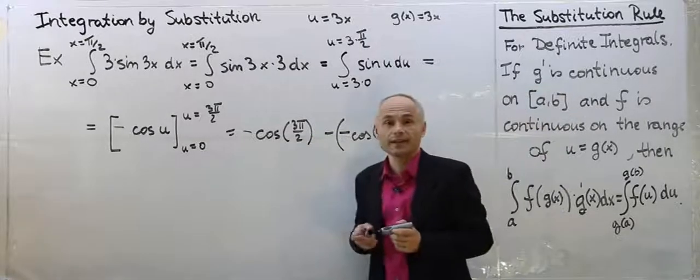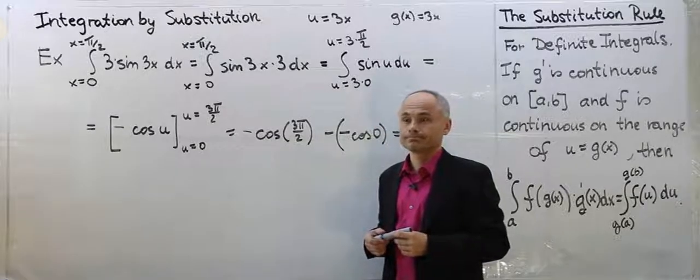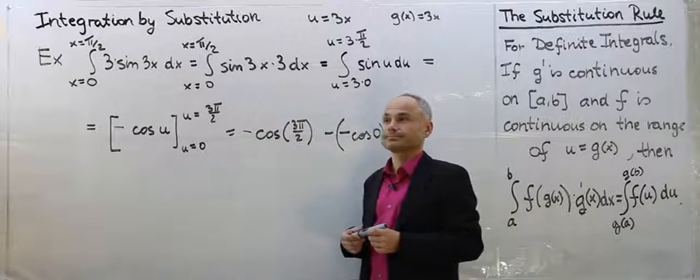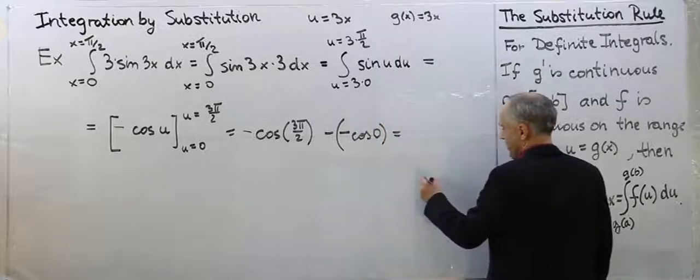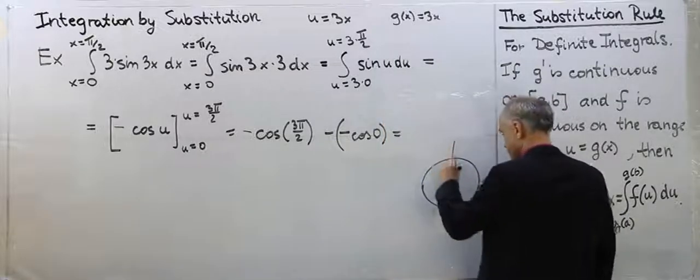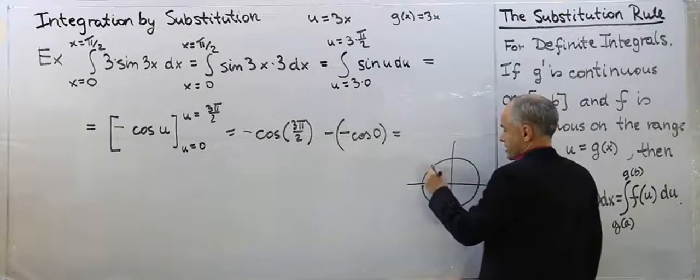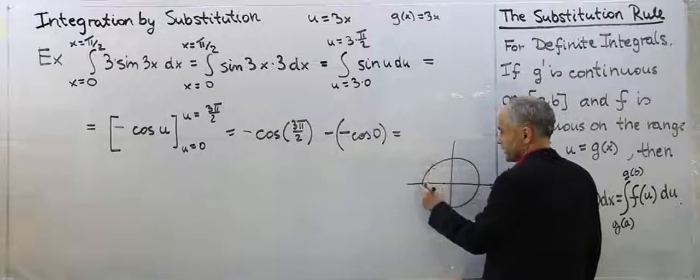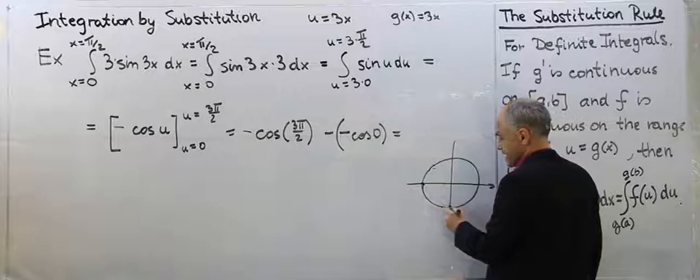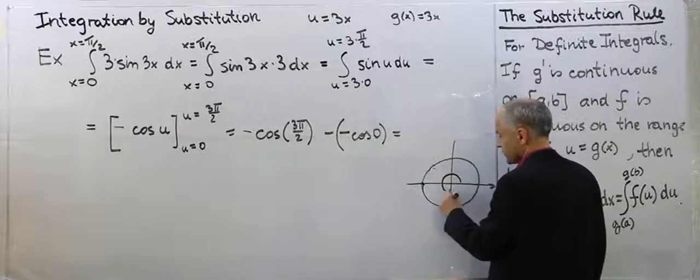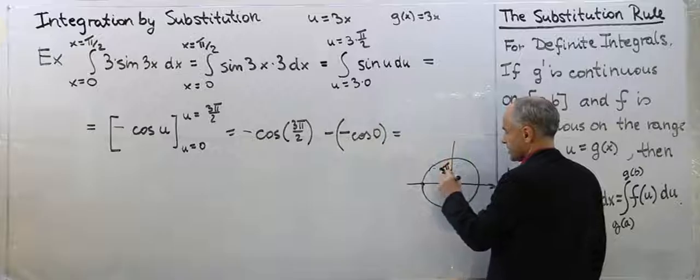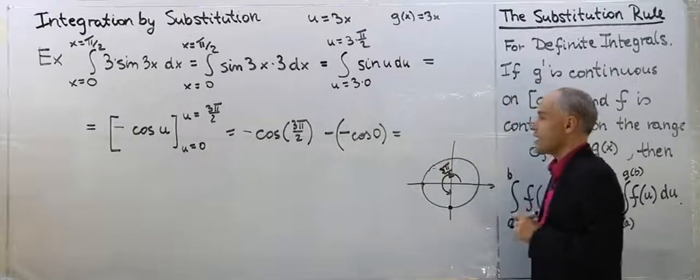What's cosine of 3 pi divided by 2? Well, let's try to remember the trigonometric circle. So here is a point corresponding to 3 pi divided by 2. So this is pi, and it's pi and a half. So that's this point, right? So that's the angle 3 pi divided by 2.